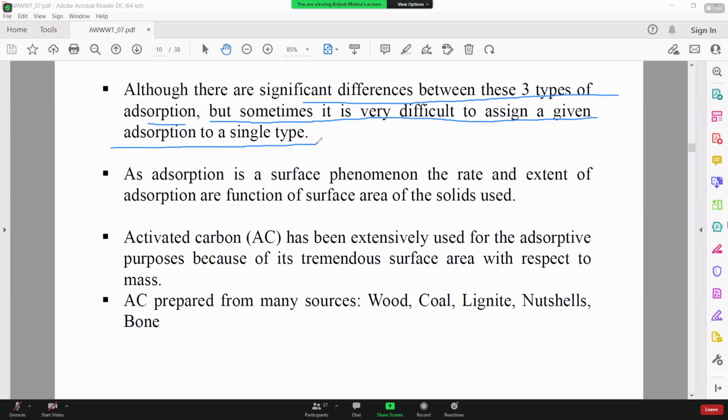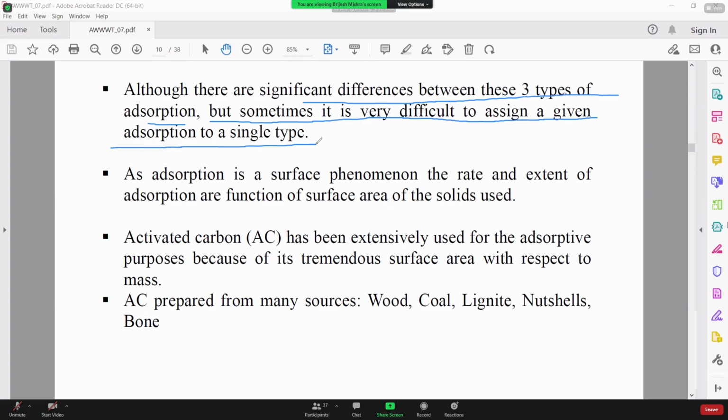So when you read an adsorption-based book or manuscript or anything, most of the time you'll find that researchers write that the possible mechanism behind this adsorption may be physicochemical. So sometimes they write that it may be a combination of exchange.